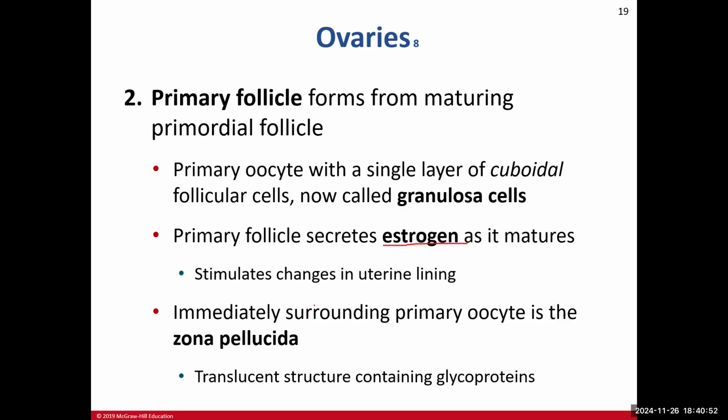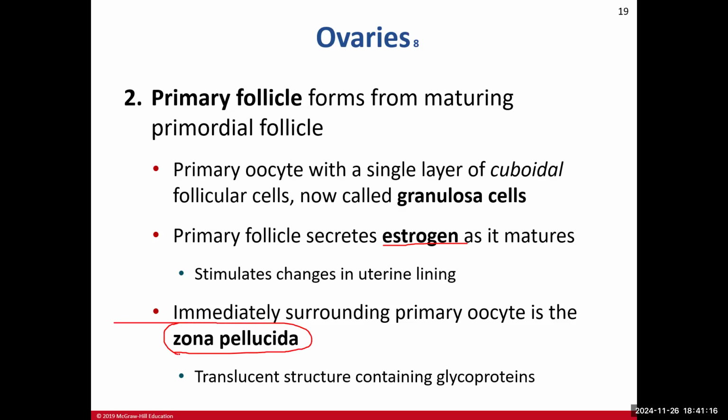This other structure that immediately surrounds the oocyte comes later into play. Unfortunately, we won't really talk about it until chapter 29. But this layer is made up of glycoproteins that immediately surrounds the primary oocyte, and this is what the sperm has to battle through when it's trying to fertilize the egg.